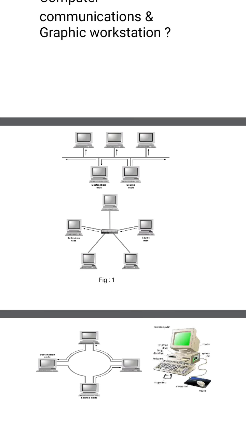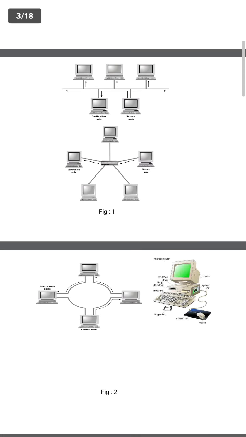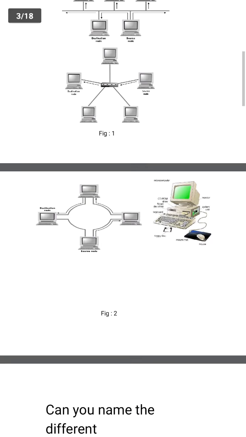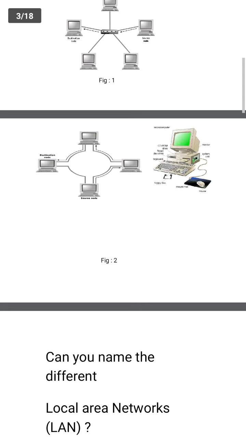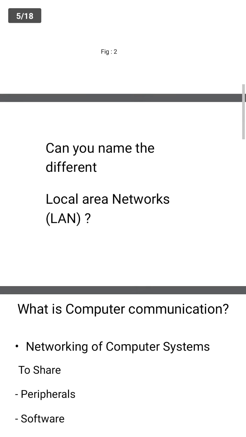LAN network nodes can share resources such as printers, network, storage, all these things. LAN is a computer network that interconnects computers within a limited area such as a residence, school, laboratory, university campus, office buildings, etc. So these are very important in this CAD system.